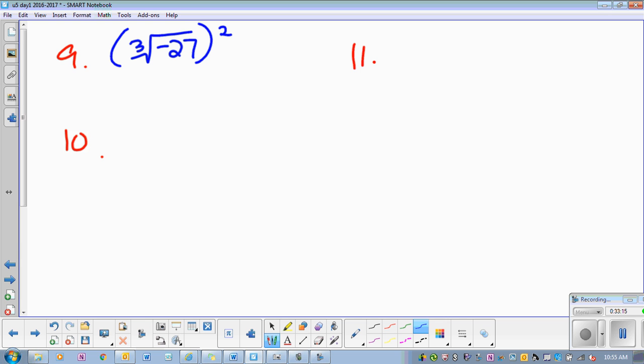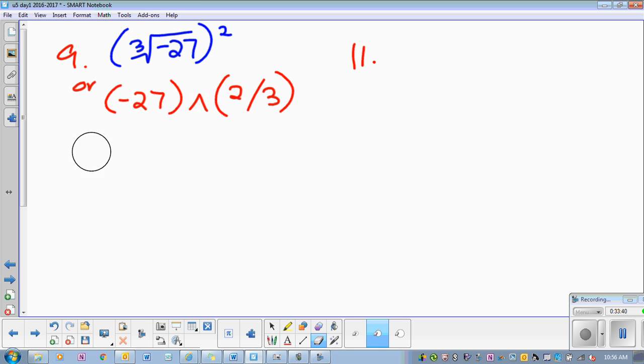You can put that straight into the calculator. Or, you know what's another way you can put this into the calculator? The power over root way. -27 to the, what's the power on this? 2 divided by, what's the root? 3. What do you get? 9. Good.